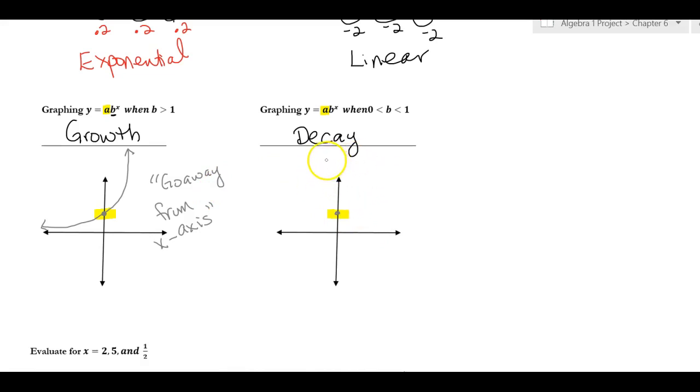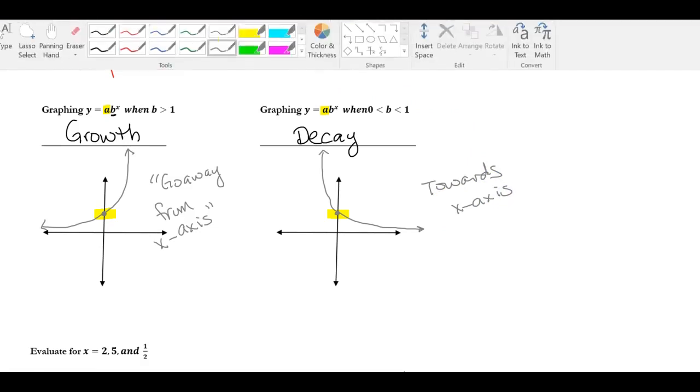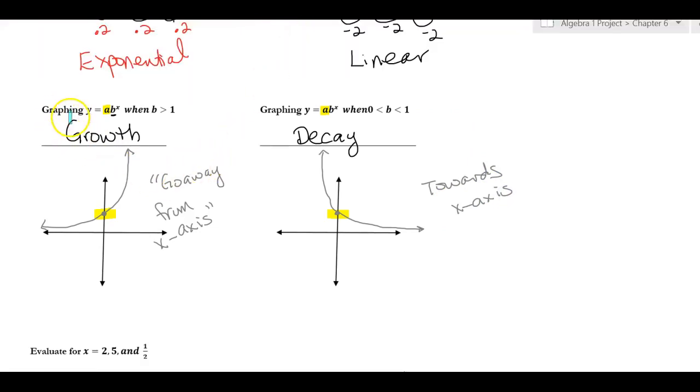Decay is it gets smaller and smaller. So it starts big and then it decays. It gets smaller and smaller. Okay, so decay doesn't necessarily go down, it goes towards the axis. I don't have any nice little things to help you remember, but just growth is go away. Okay, decay goes towards.